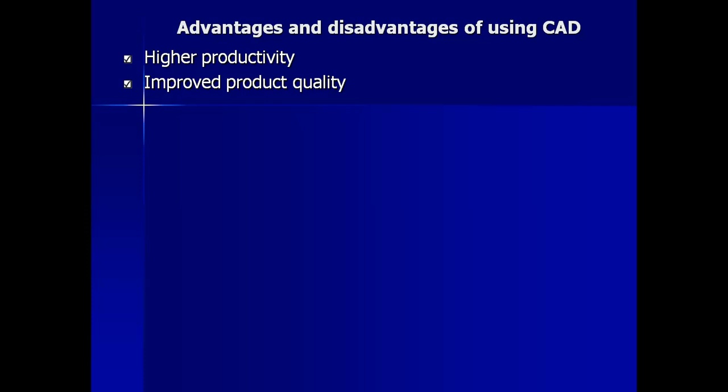And you can do it very quickly. Within a fraction of a minute, you can see various designs available using that software. So it will help modify the product as far as the design of the product is concerned, right?